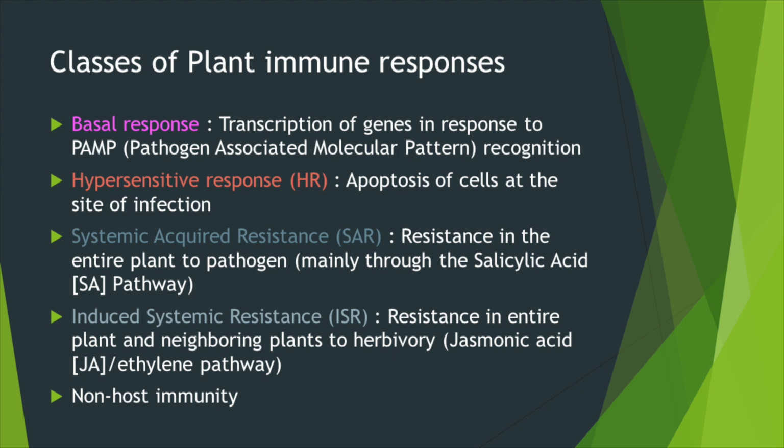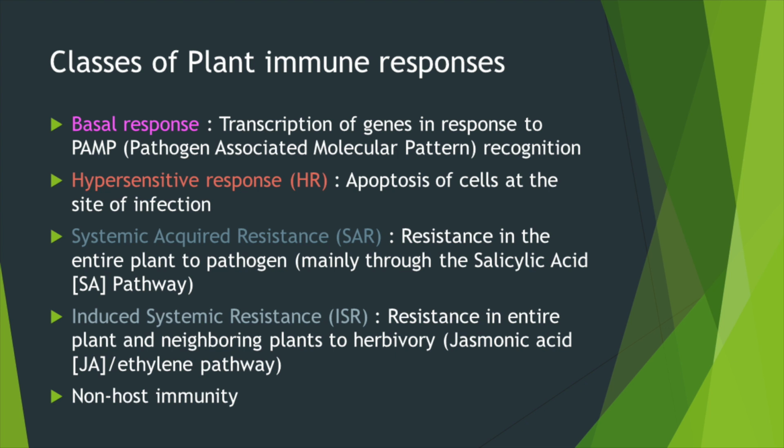And second is the hypersensitive response. In the hypersensitive response the plant cells will undergo cell death, and this particular kind of cell death is called apoptosis or programmed cell death, wherein the plant cell prevents the entry of the pathogen to the next healthy cell by undergoing cell death.